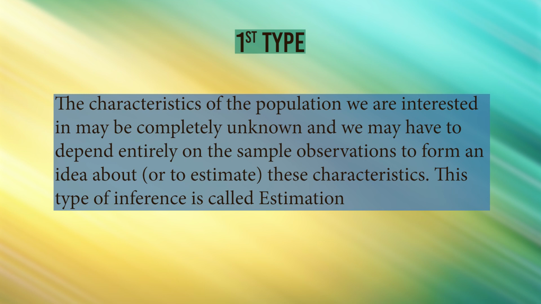For example, I want to find the per capita income of adult Indians, which is unknown to me. Because we know Indian census is carried out only once in 10 years. So after the census, even in the following year of census, there is no data with me for the whole population. So that means that this parameter is completely unknown.